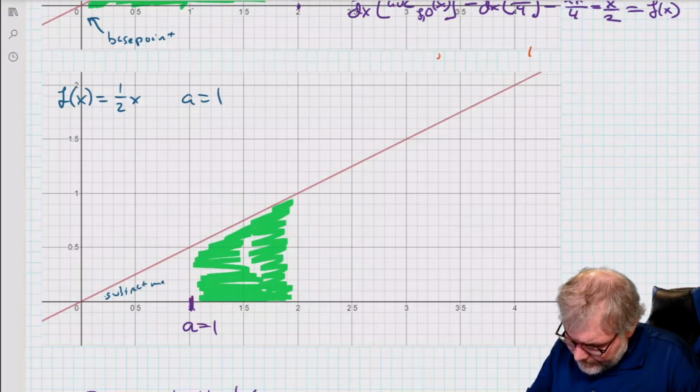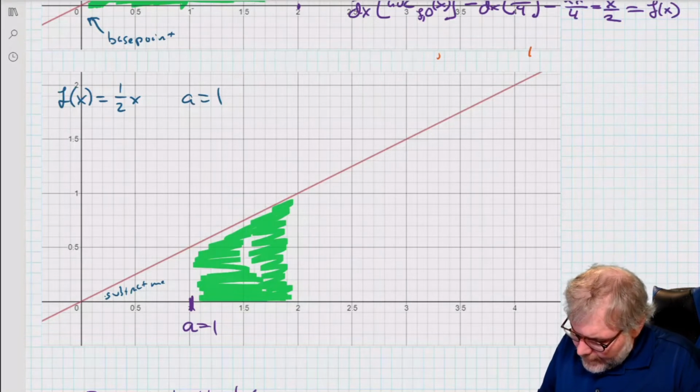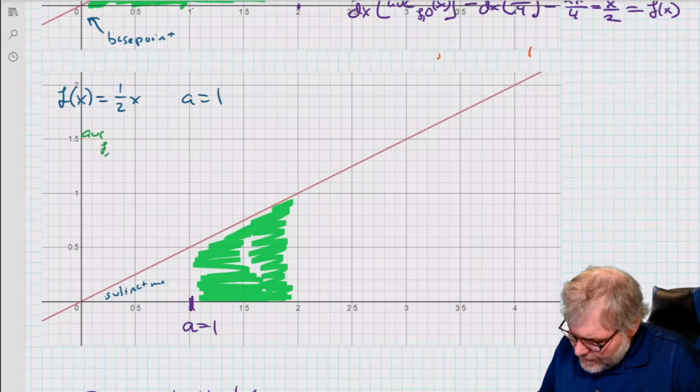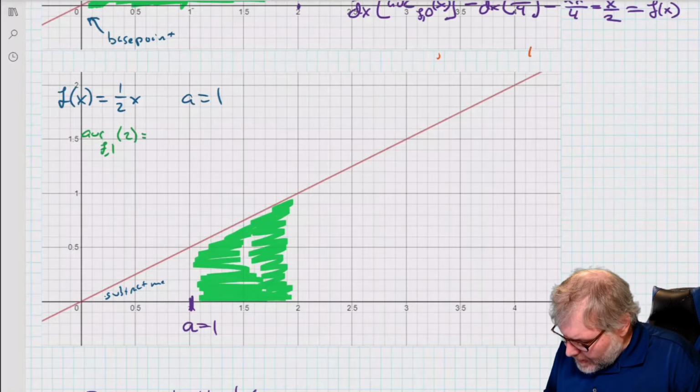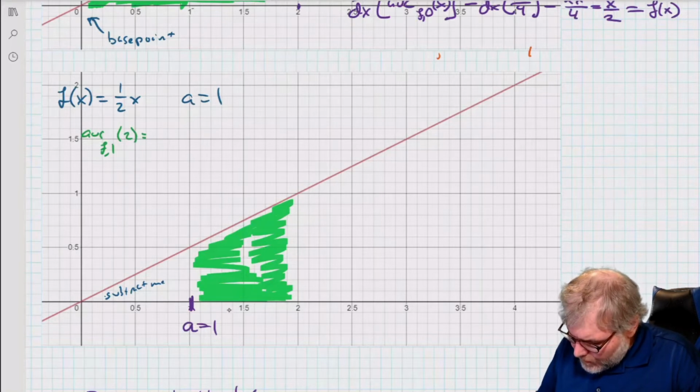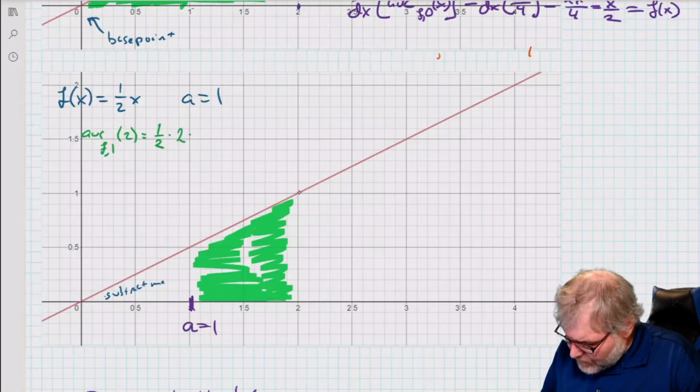So that's going to be AUC F1, my base point, of 2, which is going to equal 1/2 times the base, which is 2, times height, which is 1, minus this little bit right here, which would be 1/2 base, which is 1, times height, which is 1/2 again.